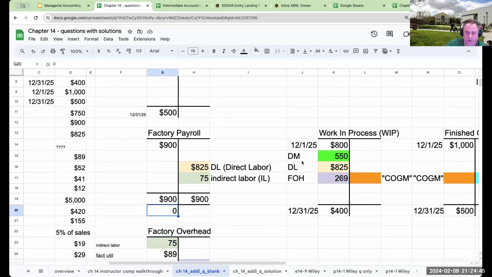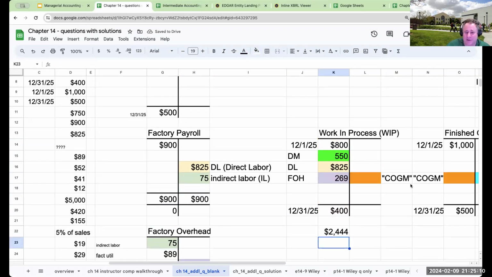So direct labor comes in a work in process. What goes into WIP? Beginning balance, direct materials, direct labor, and then factory overhead. Now, does this T account balance? Does 800 plus 550 plus 825 plus 269 equal 400?